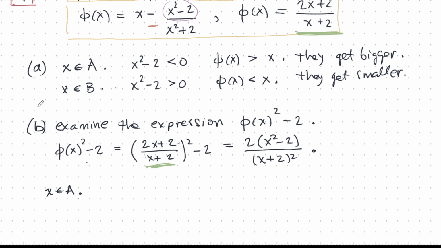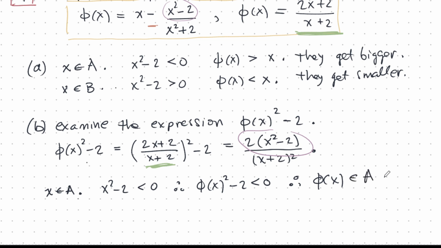Well, we can see from here that x squared minus 2 is negative. And so therefore, phi of x squared minus 2 is also negative. And so therefore, phi of x must be in A also, because this is how A is defined. If you scroll back up to the beginning, A is defined as being all the x such that x squared minus 2 is less than 0.